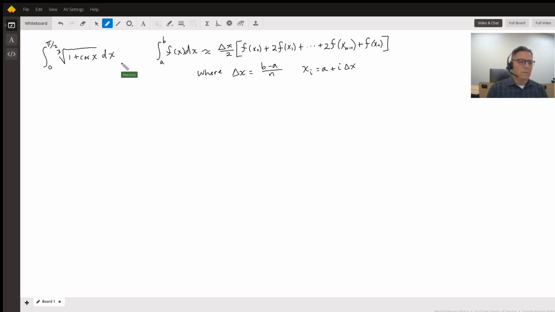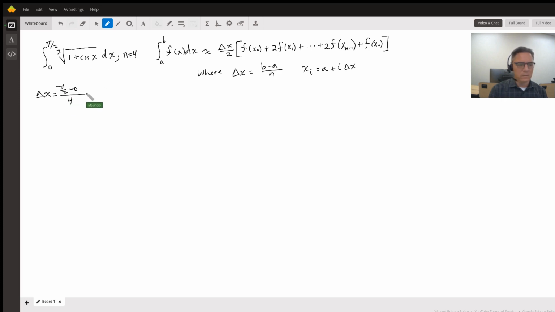So in your problem, you were told that we're going to use n as 4. Okay? So here we can see that therefore delta x will be by definition b, which is pi over 2, minus a, 0, over n, which is 4.